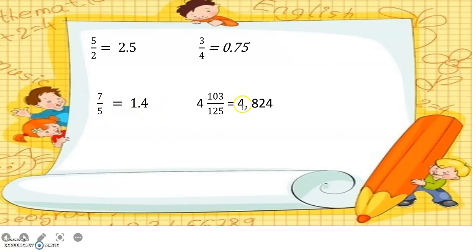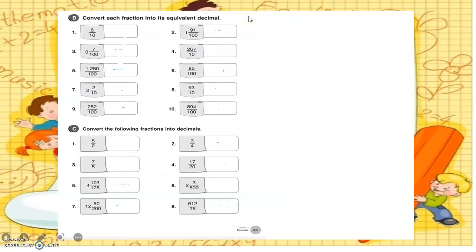Okay, you just look at this if you answer on page 35. 6 over 10 is 0.6. 8 and 7 over 100, you just write 8.07. Okay? You answer that. Convert the fractions into decimals.